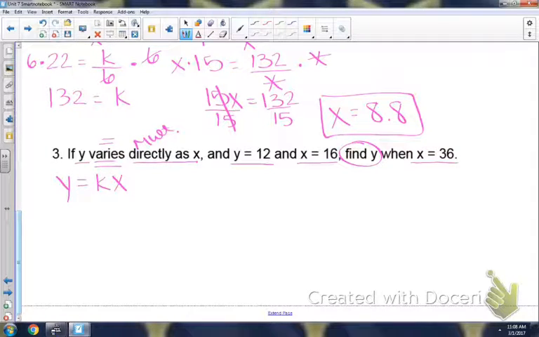We know y is 12 when x is 16. So 12 equals k times 16. We're solving for k, so divide by 16. Again, if your constant is a fraction, leave it as a fraction. Don't write it as a decimal because it makes it easier to plug back into. So that would be 3/4 when you reduce it.